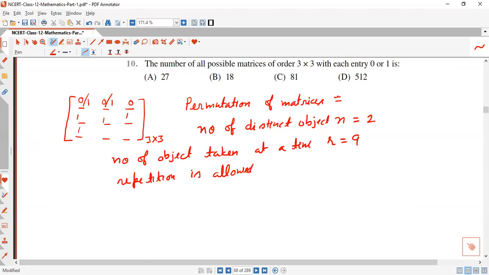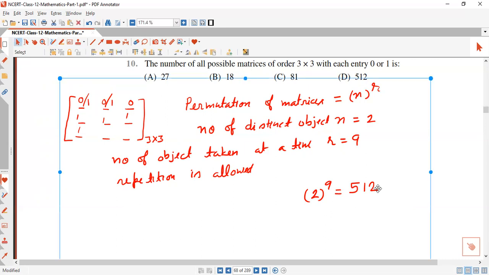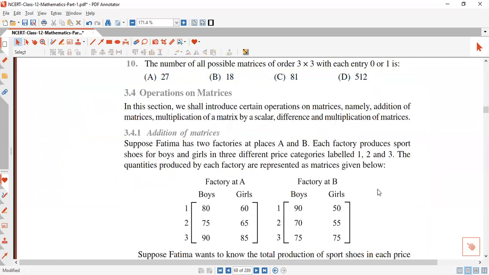The formula says n raised to r, where n is the number of distinct objects and r is the number of objects taken at a time when repetition is allowed. So here n is 2, and 2 raised to 9 is 512. So answer D is the right answer. This is the end of this exercise 3.1.